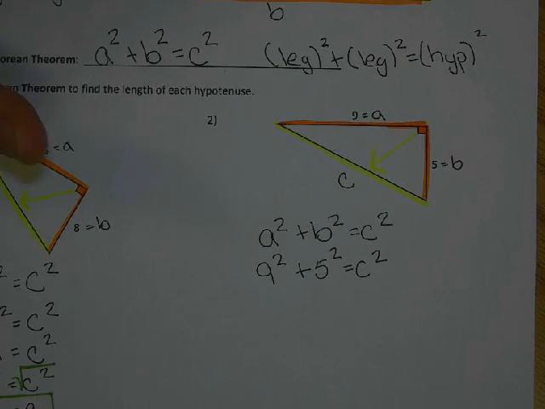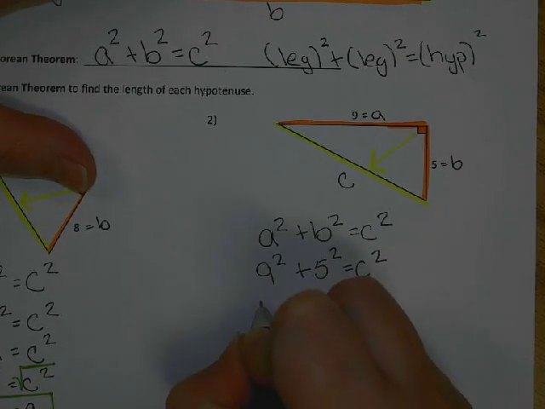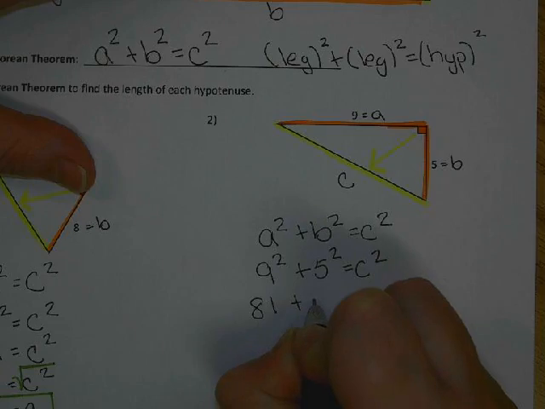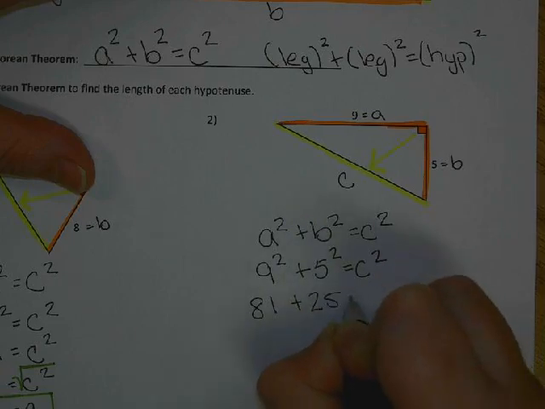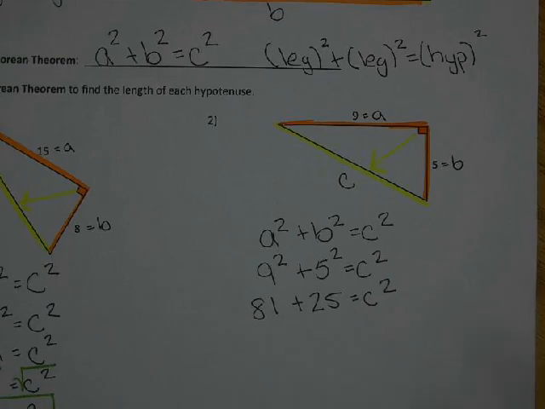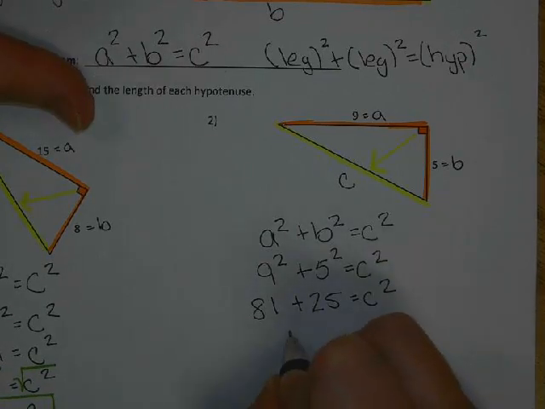All right, so Devea, what is 9 squared? 81. And Derek, what's 5 squared? 25 equals C squared. Okay. Dulce, what's 81 plus 25? 106.